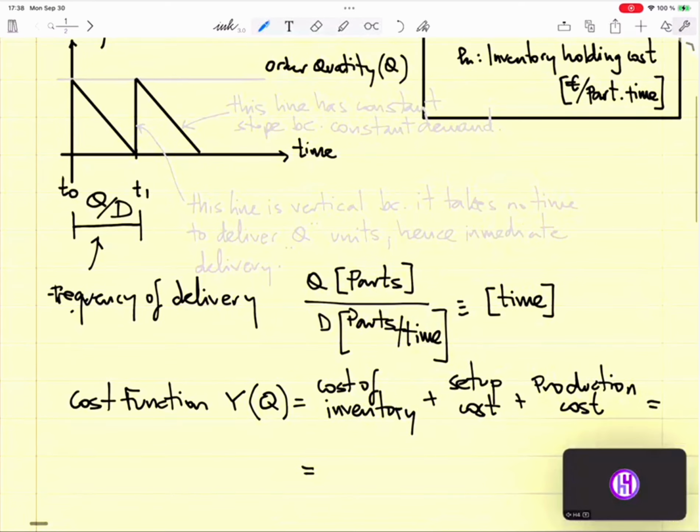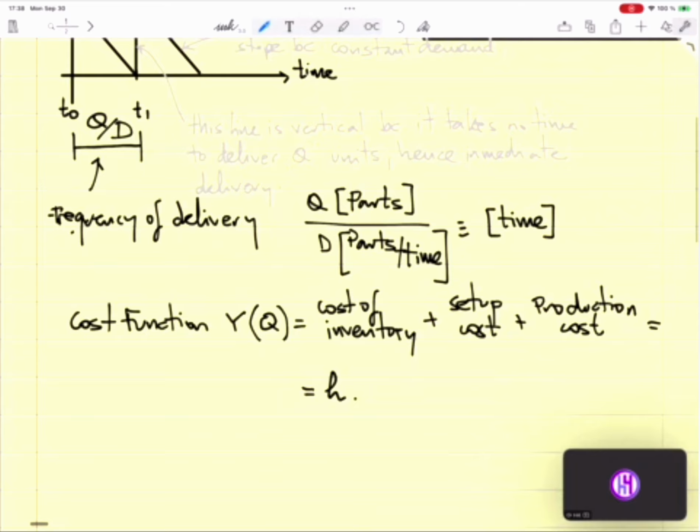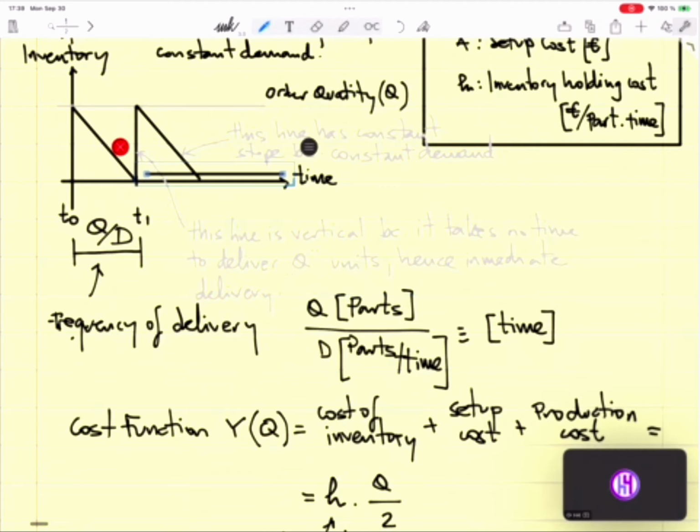So we have H, which is the holding cost per unit, and we have our average inventory, which is Q divided by 2, because we have this line, remember the constant demand, so in the middle is our average inventory.